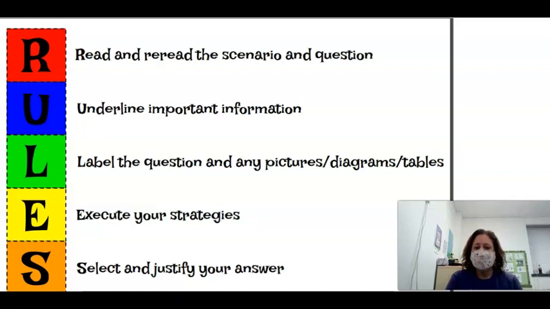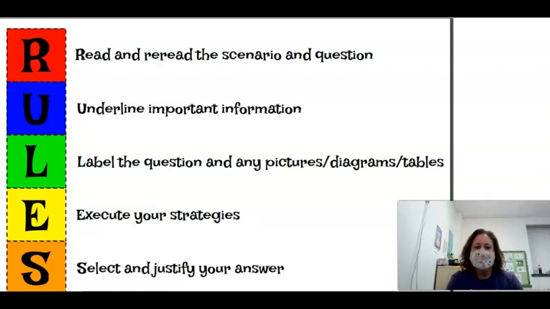Give yourself notes to help yourself understand and stay on track. Okay, the E is for executing your strategies, and S is for selecting and justifying your answer. Not just answering, but saying why you're right, because you have estimated and you know that you're right, or you have done the opposite operation and you have checked your work that way.